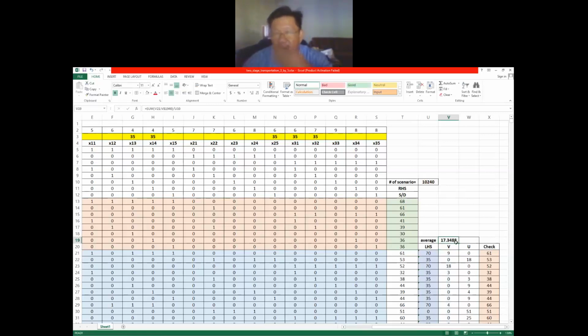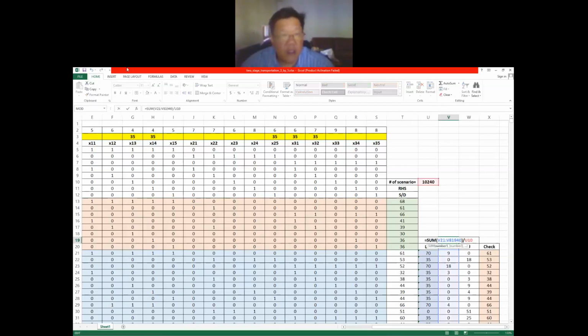But this one is not very approximate. Suppose this is the average of not fulfilling the capacity and also not fulfilling the demand. We assume this is 17 units on average, for all scenarios. So we consider the sum of all V and then divide here.